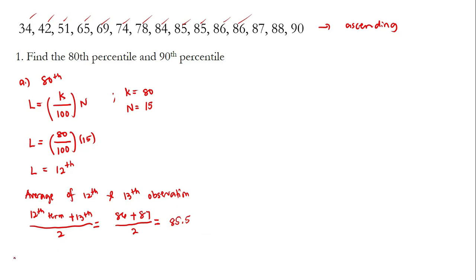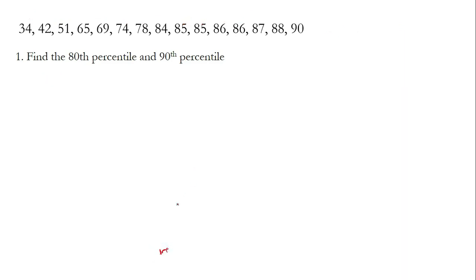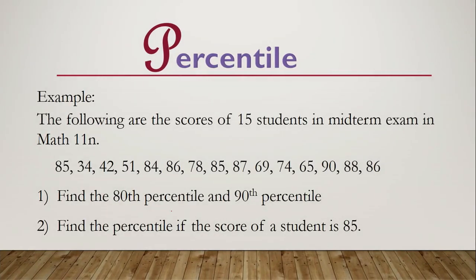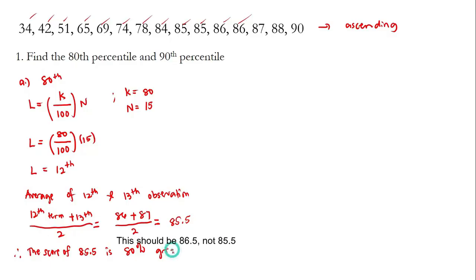So, what can we conclude? The score of 86.5 is in the 80th percentile, so it is greater than or equal to 80% of the other scores in this set of 15 scores.